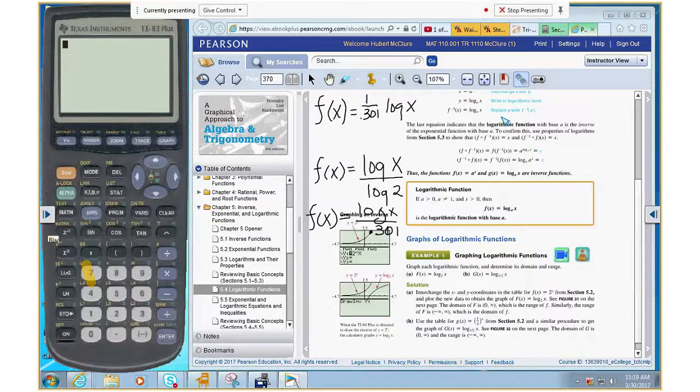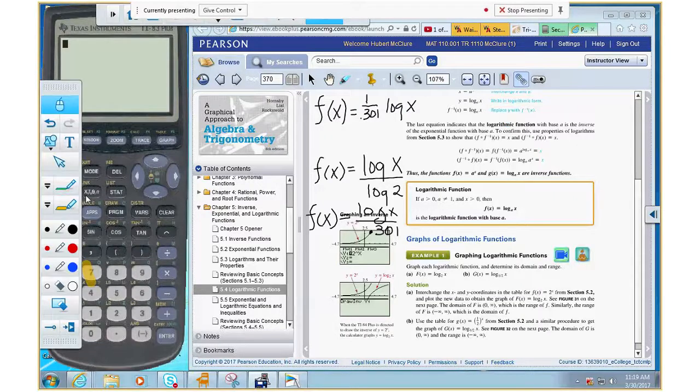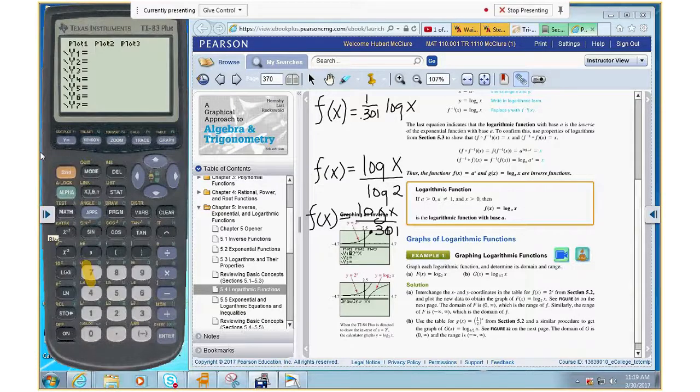Y is equal to, I'm just going to do 1 over, and what did you say, 0.301 what? Oh, 0.30103. Okay.